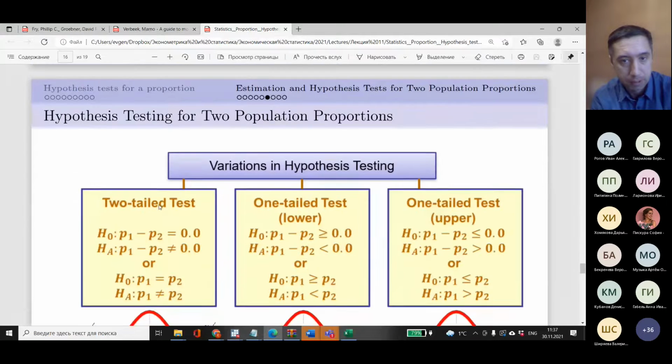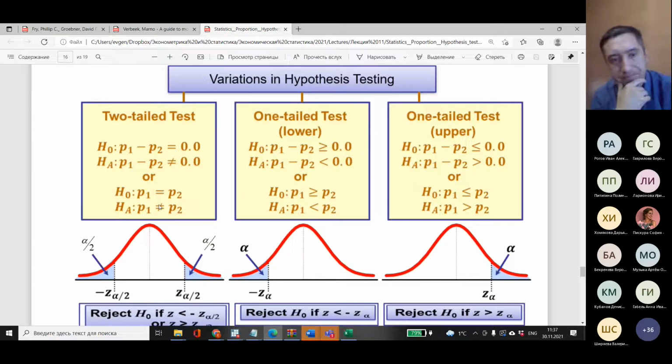To run a test, as usual, you have to formulate hypotheses. Your hypothesis could imply a two-tail test, equal or unequal, or it could be a one-tail test, so the alternative hypothesis is about less or greater than 0. There are 2 ways to formulate hypotheses in our context.